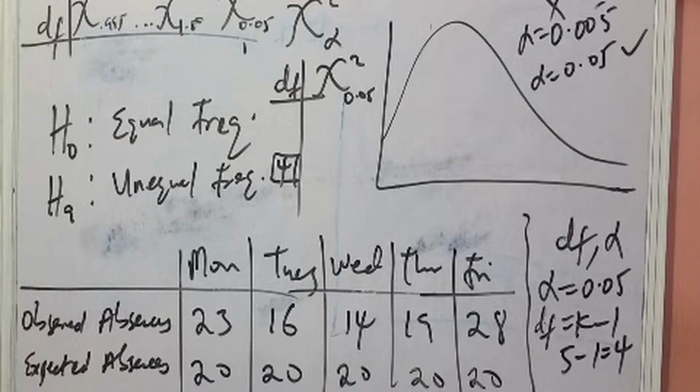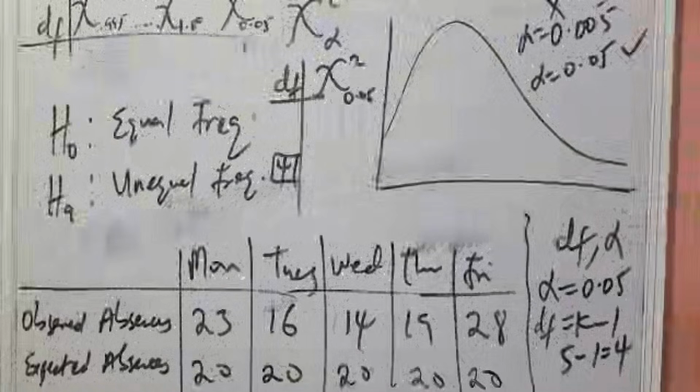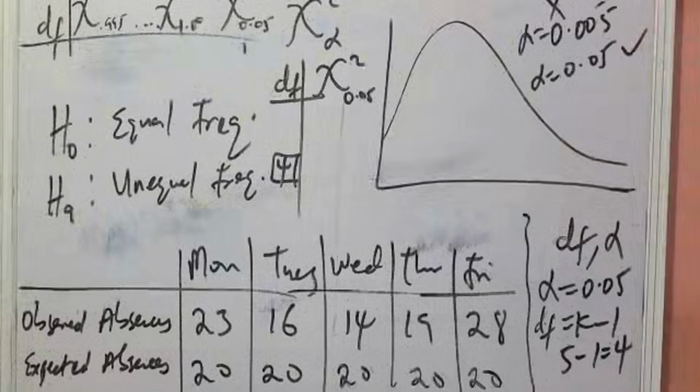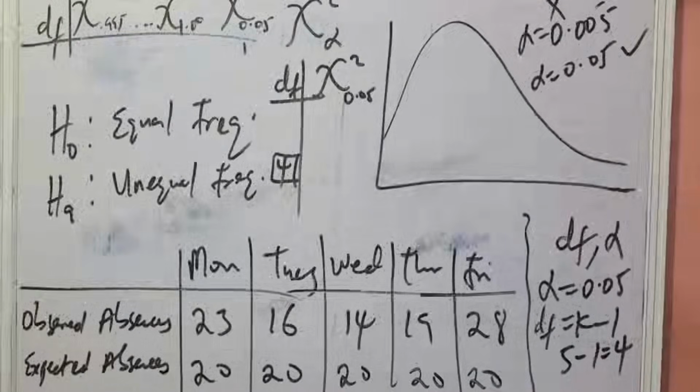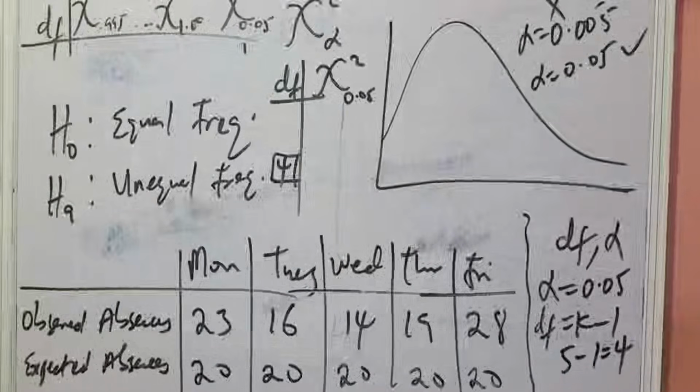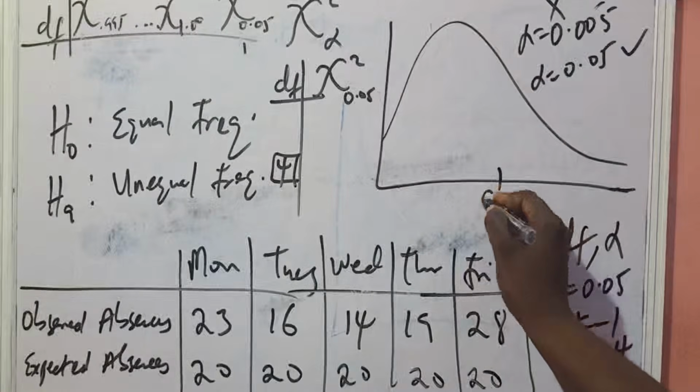That person is checking 3 under 0.05 instead of checking 4. That's what gave you 7.815. You're supposed to check 4 under 0.05. So it's actually 9.488. So 9.488 is your critical value.